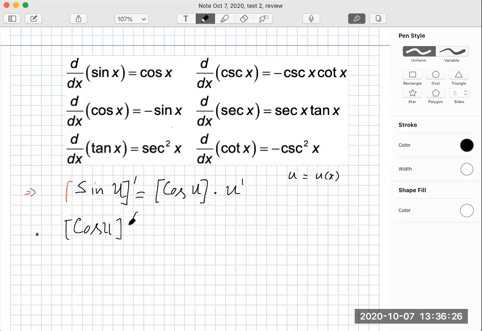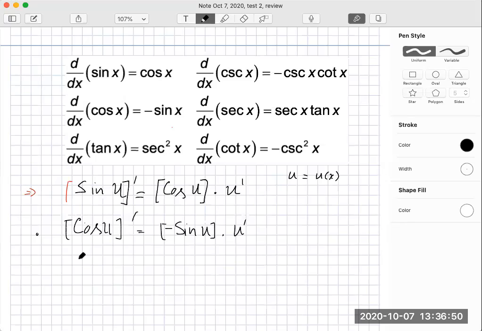So it will be negative sine of u and then multiply with u prime.